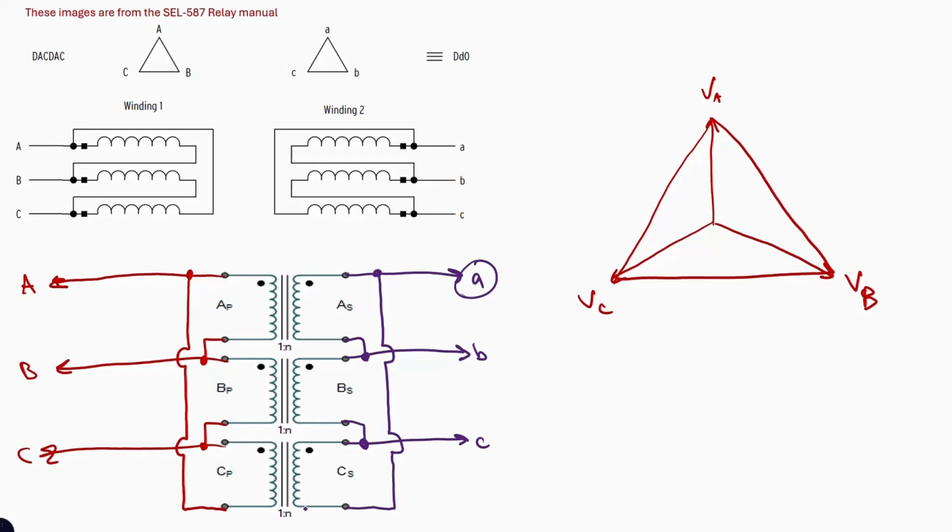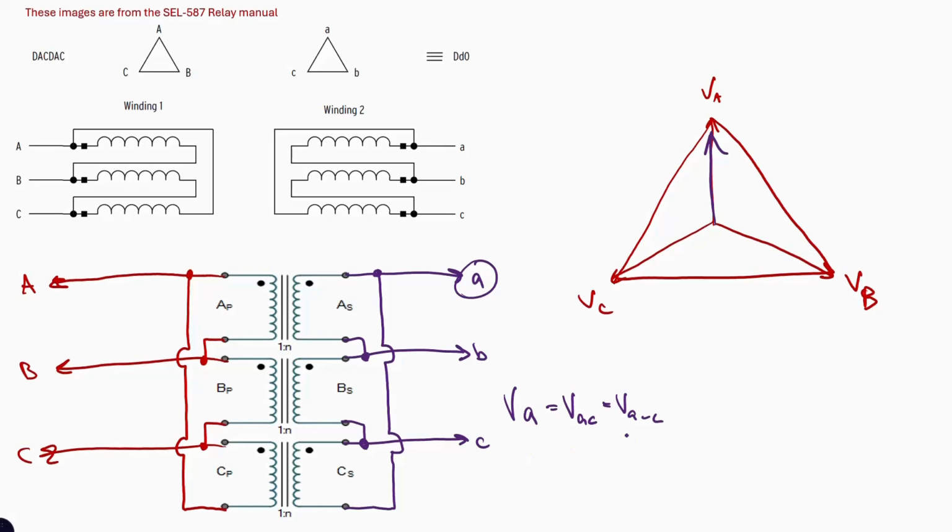Well, the negative polarity of C is connected to A, and A is connected to A. Okay, so there's not really anything to do there because A is just A. So that got really easy, right? So little a, or VA, is equal to VAC, or A minus C, excuse me.